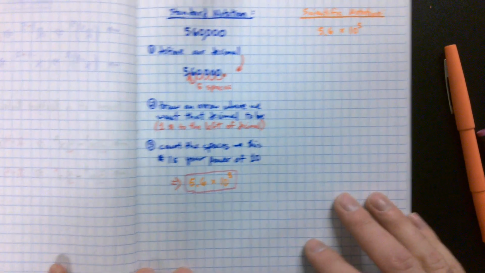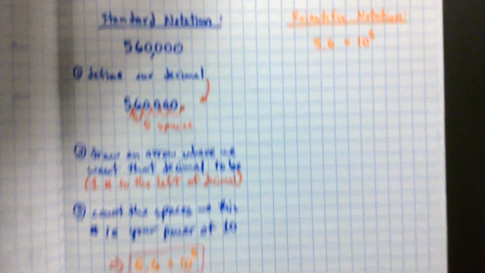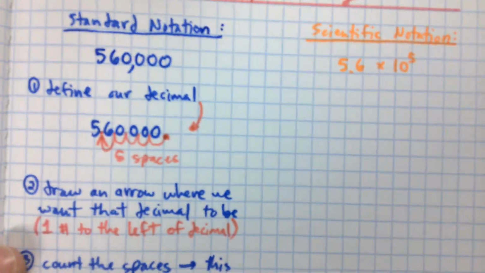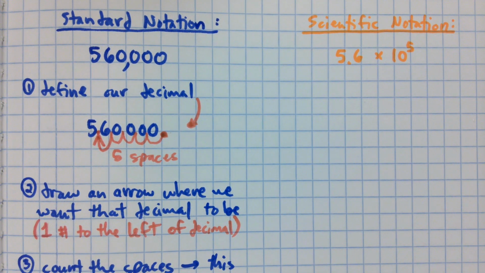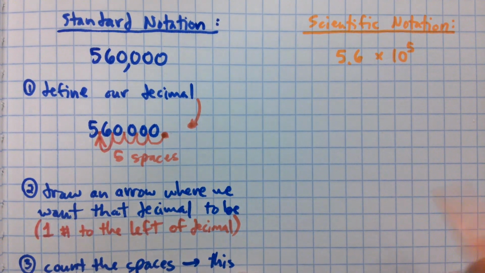Now let's reverse that. Let's start with 5.6 times 10 to the 5th, our scientific notation, and figure out the steps to turn this back into 560,000.